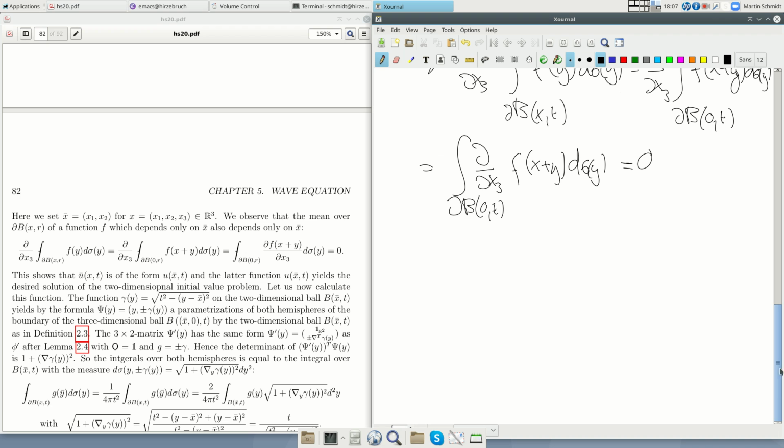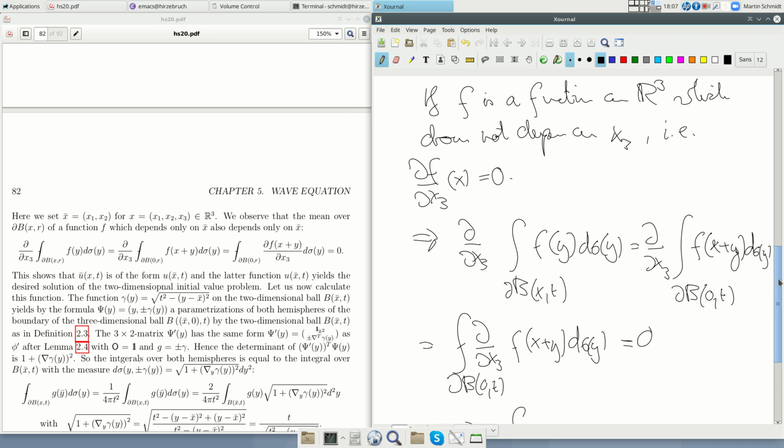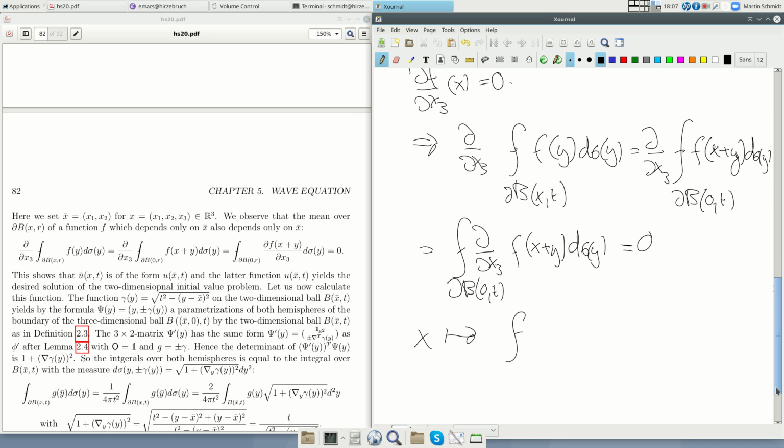So the function which goes to the mean over the boundary of a ball also does not depend on x3.